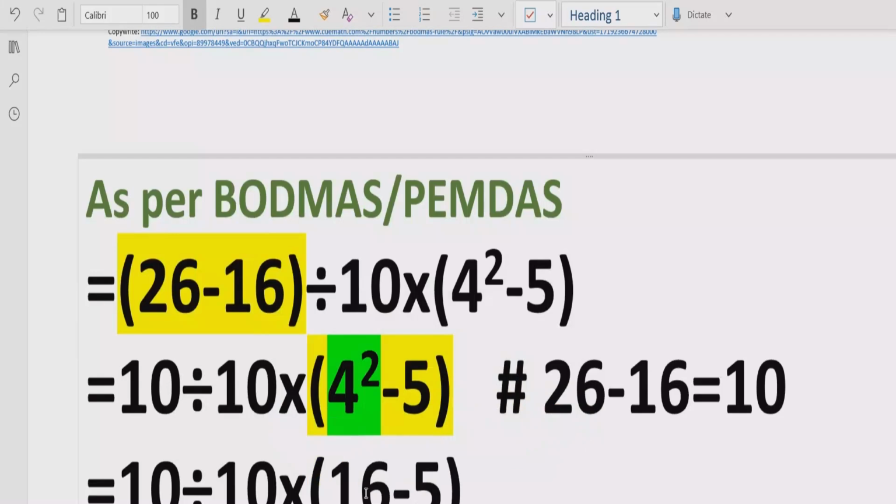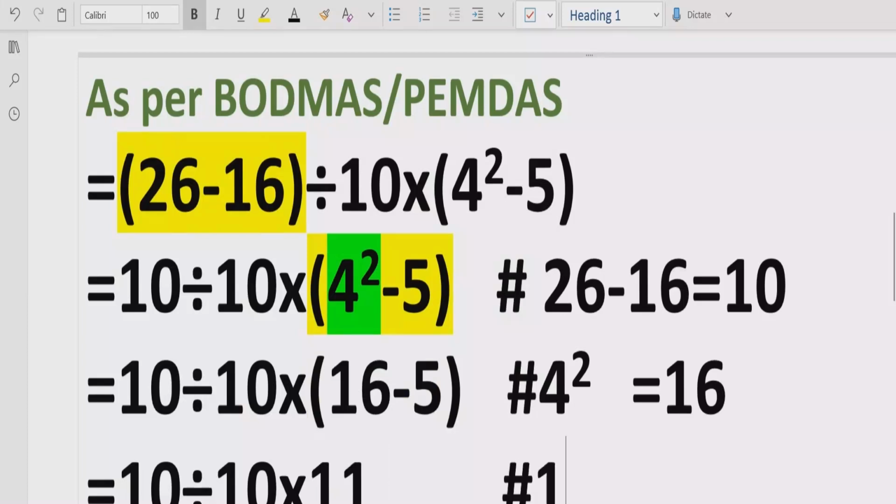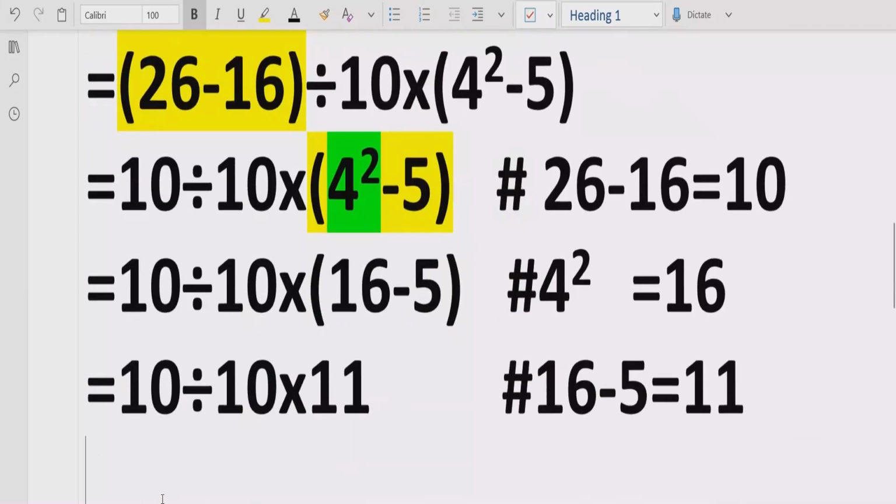We will write as it is. Okay. Now move forward to solve this bracket, and we will write this one as it is. And this is 16 minus 5 equals 11. And here we will write 16 minus 5, 11.